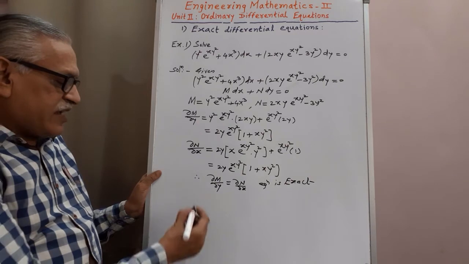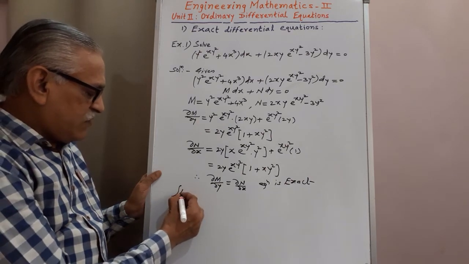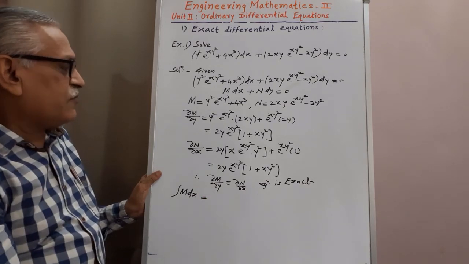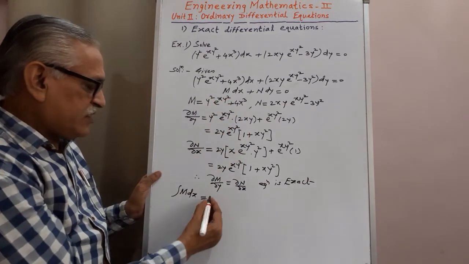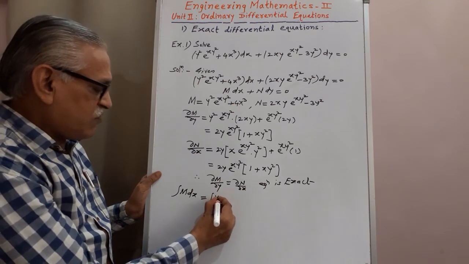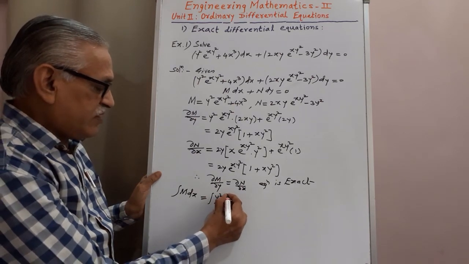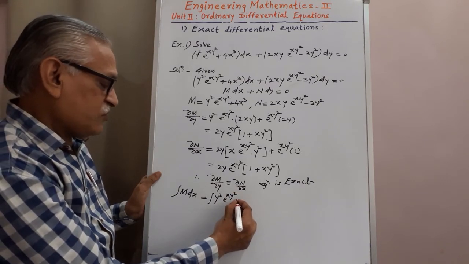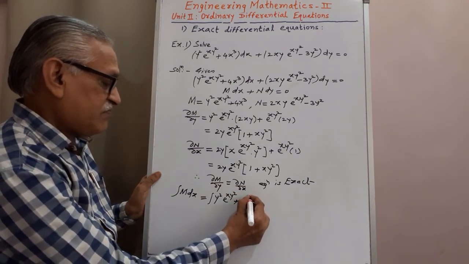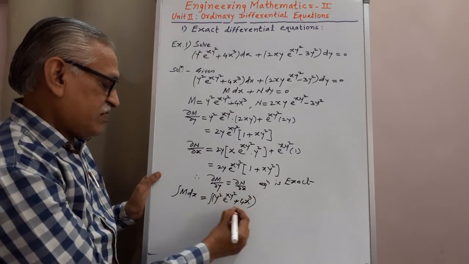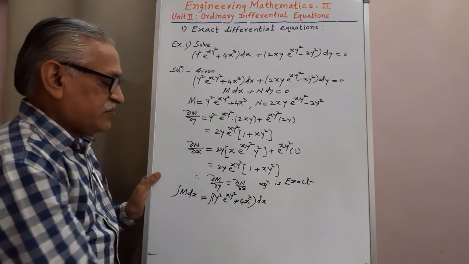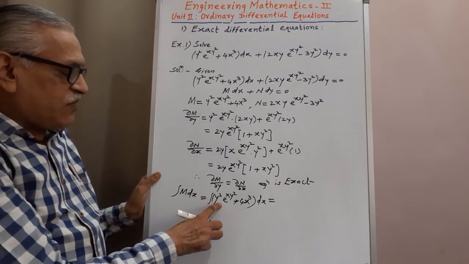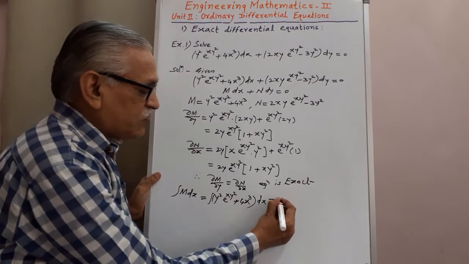As it is exact, we find the integration of M with respect to x. Integrating integration of y square e raised to xy square plus 4x cube with respect to x, y is constant, therefore y square constant outside.